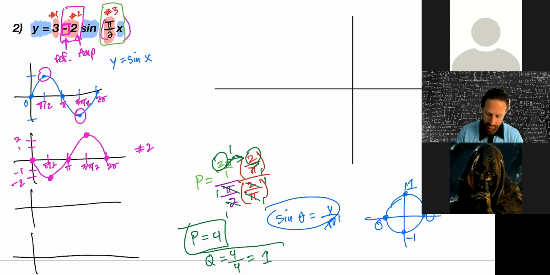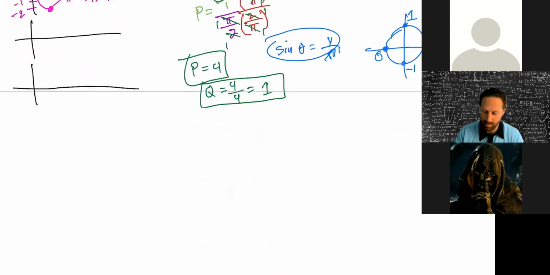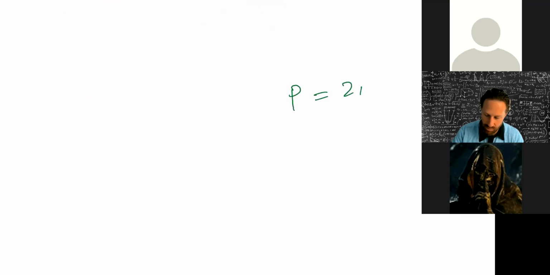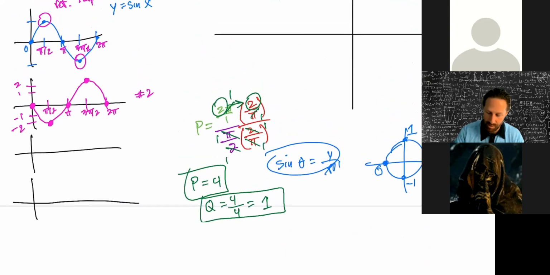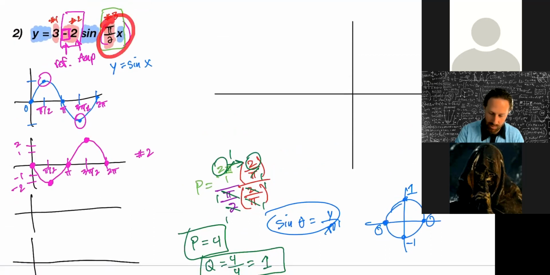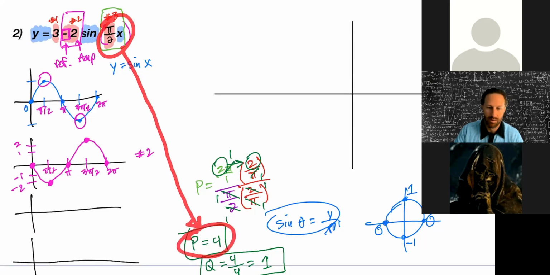So let me re-explain that, okay? Remember, our period is normally 2 pi, right? To get our quarters, we take that and divide it by 4, which we know 2 goes in that, and that we get pi over 2. That's why normally we cut this into 1 pi over 2, 2 pi over 2s, 3 pi over 2s, and 4 pi over 2s. But now what we just found was that our period, because of this multiple of pi over 2 to the x, gives us a period of 4.